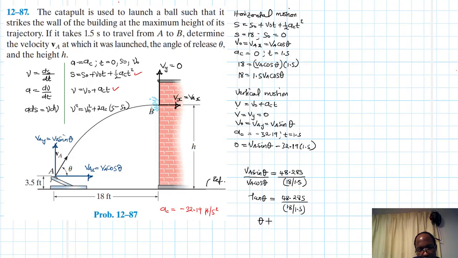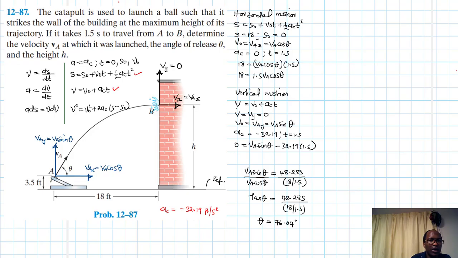Therefore theta is just going to be equal to 48.285. Let me check it again. 32.19 times 1.5, okay, divided by 18 divided by 1.5. And then tan inverse of that gives us 76.04 degrees.